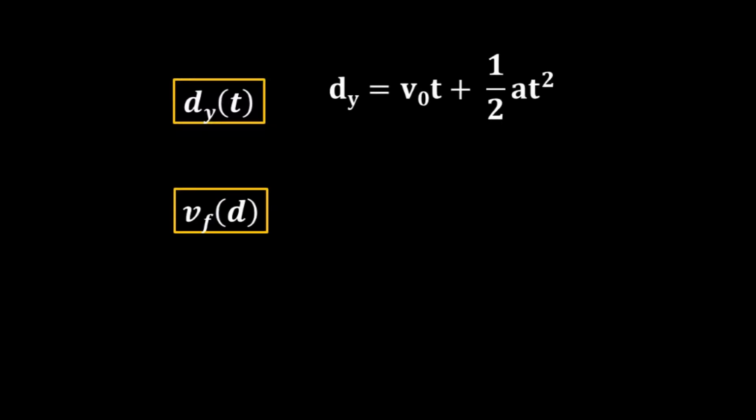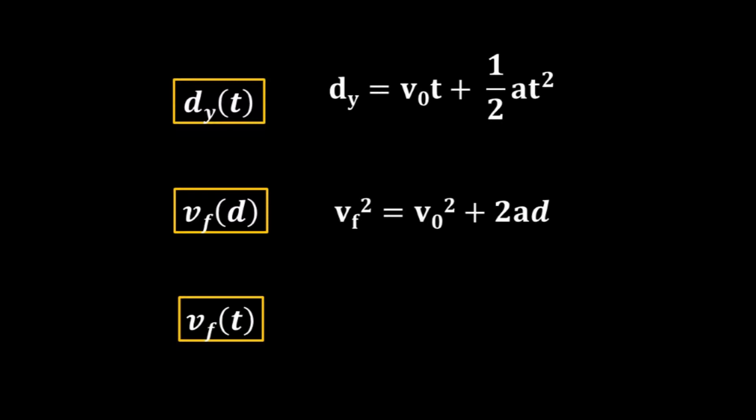problems. Here are some basic equations that you should know. And it'll be a review from the past chapter. dy of t: dy equals v naught t plus 1/2 at squared. Vf of d: vf squared equals v naught squared plus 2ad.